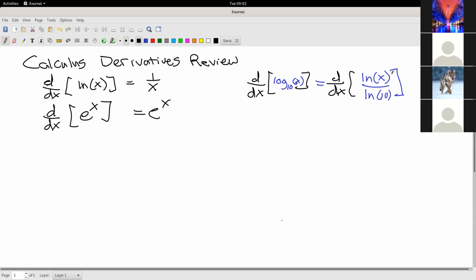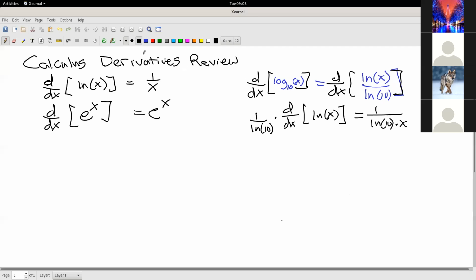So if we continue this derivative through now, we've got this divide by the natural log of 10. So that's a constant multiple. That just pops out as 1 over natural log of 10 times the derivative of the natural log. And the derivative of the natural log is 1 over x. So we get 1 over natural log of 10 times 1 over x, which you could just call 1 over natural log of 10 times x.